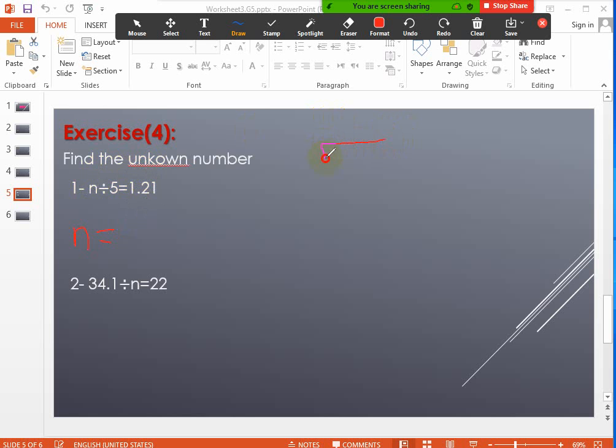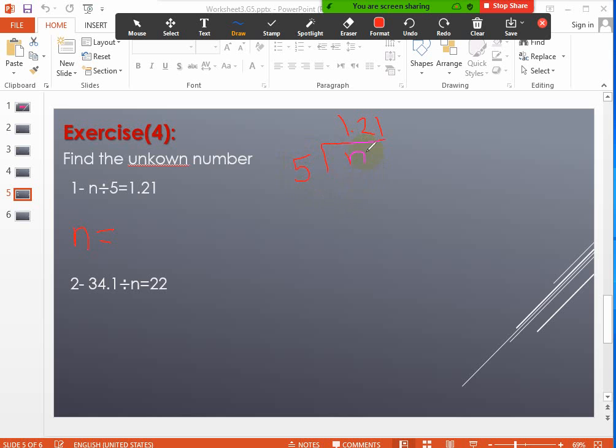Why? Because when I divide n, you remember the exercise like this, the quotient is 1.21 and the divisor is 5. To find the dividend, we use the inverse operation of division, which is multiplication.